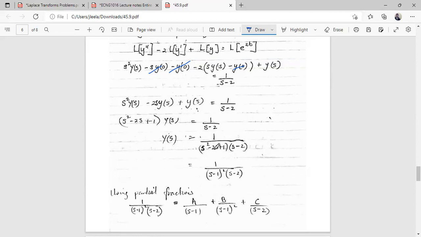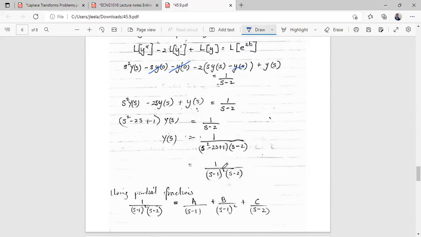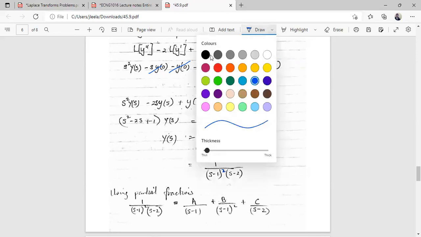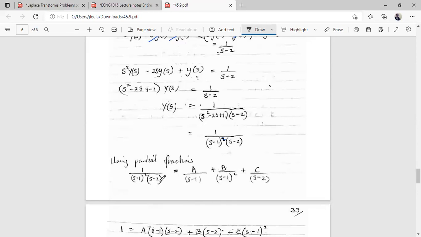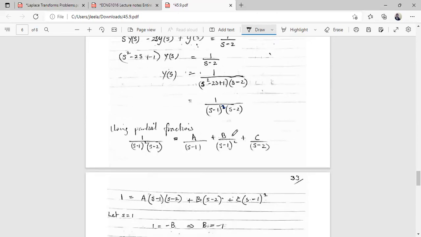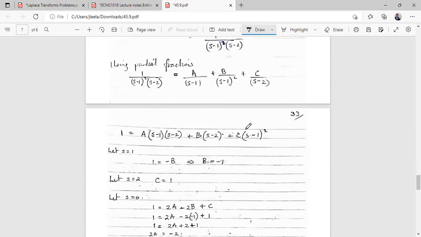And this could be factorized into (s minus 1) squared into (s minus 2). So you have a simple repeated factor and a simple factor, so that will give you 1 over (s minus 1) squared into (s minus 2) as a over (s minus 1) plus b over (s minus 1) squared plus c over (s minus 2).